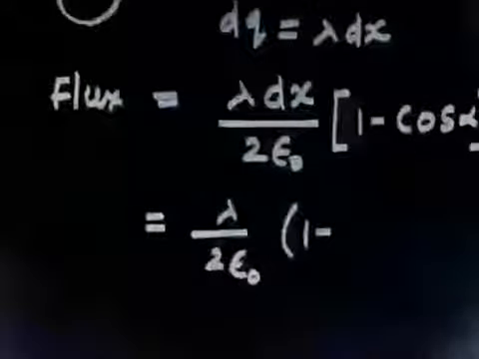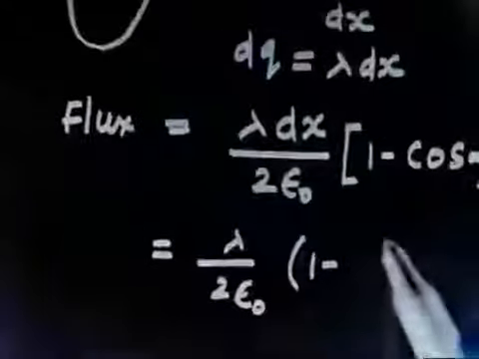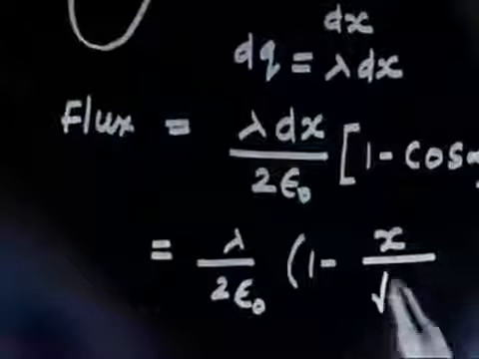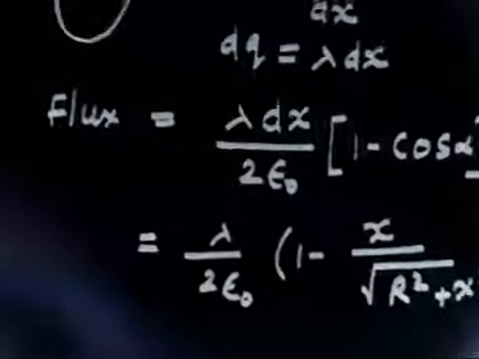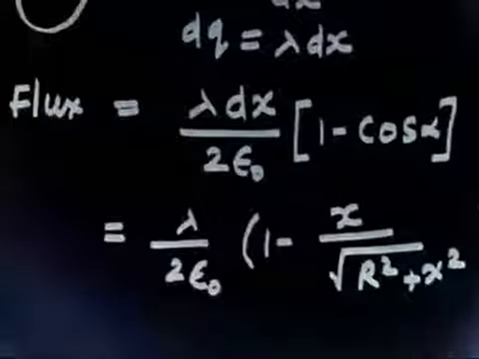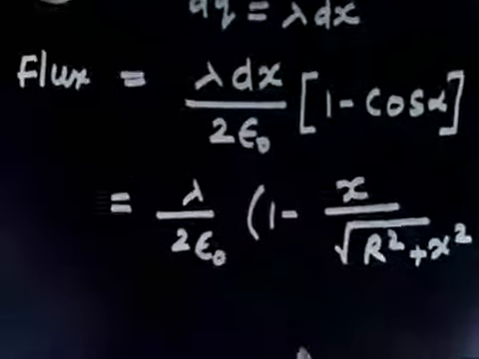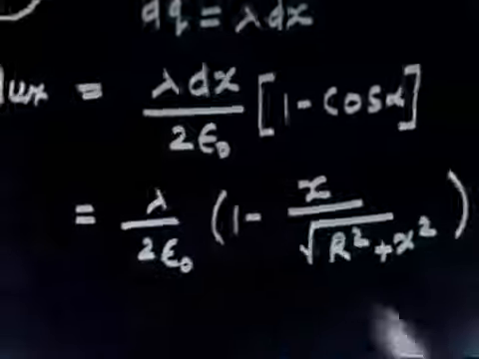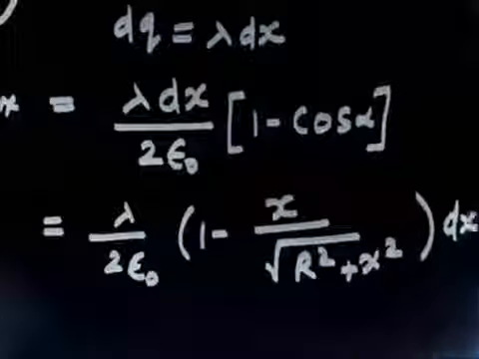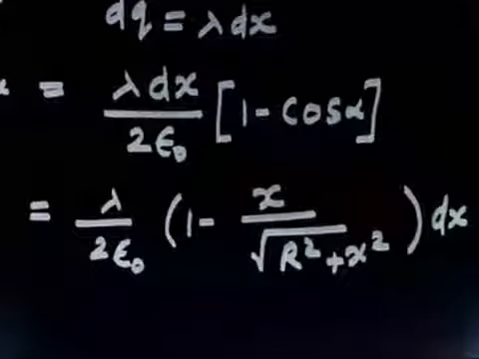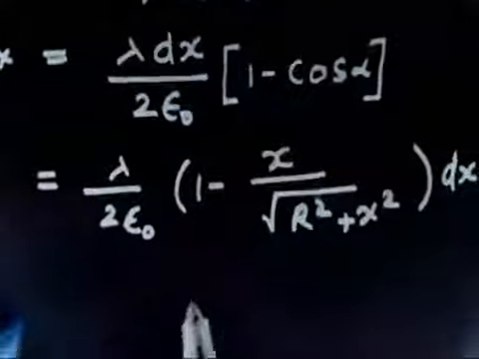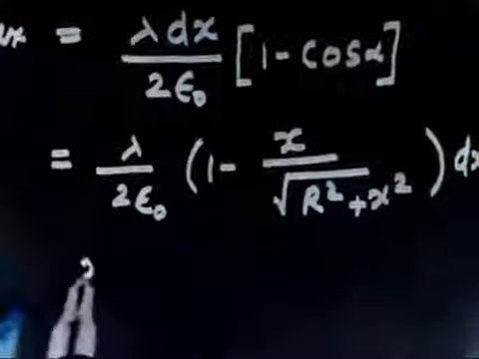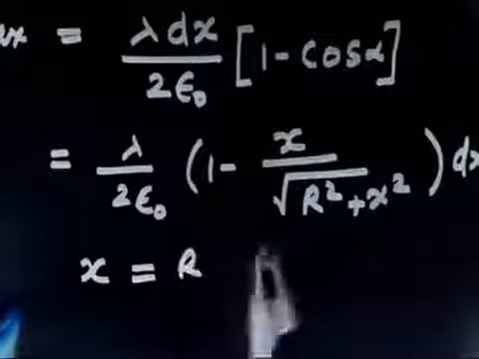So if I plug this value here, 1 minus x by under root r square plus x square. Now dx will also be here. So for doing this integration, I will need some substitution. So let us do substitution: x equals r tan theta.